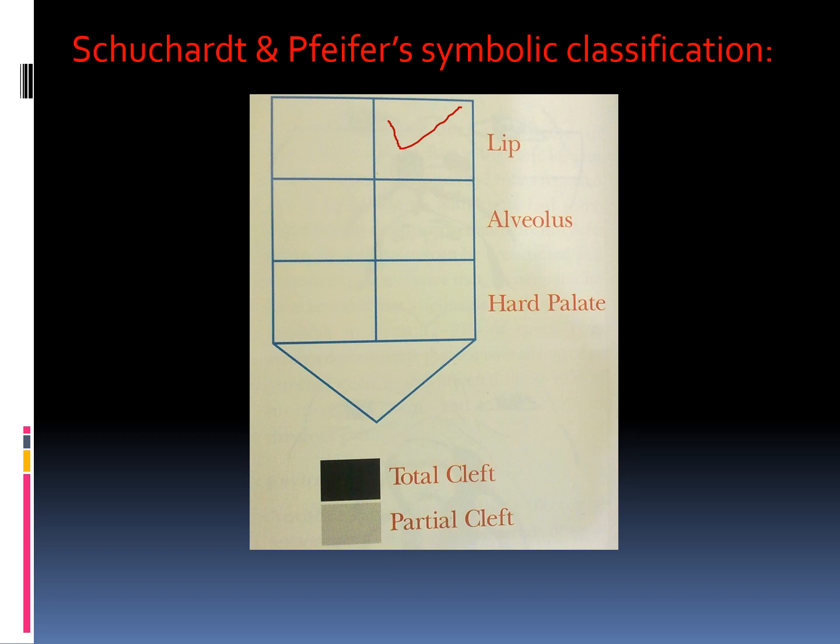If they say the cleft involves the right side of the lip and the alveolus, so you take this one over here and this. If it involves the hard palate also, here. And if it is involving lip, alveolus, hard and soft palate of one side, here. If bilateral, then you take this side also.